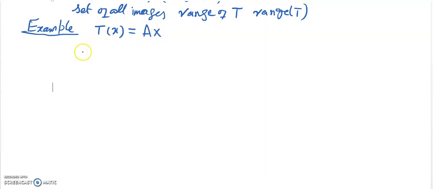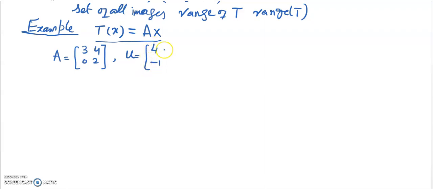If this is the relationship which defines the transformation, and if A is the matrix 3 4 0 2, and we have a vector u equal to 4 minus 1, what will be the image of u?